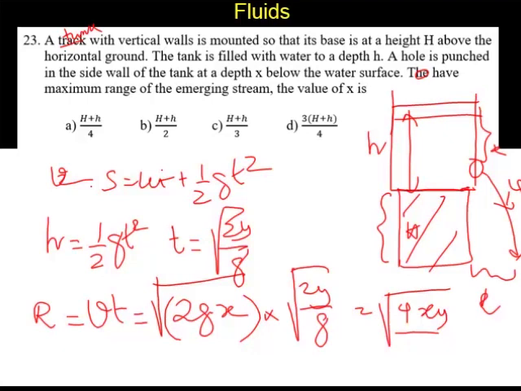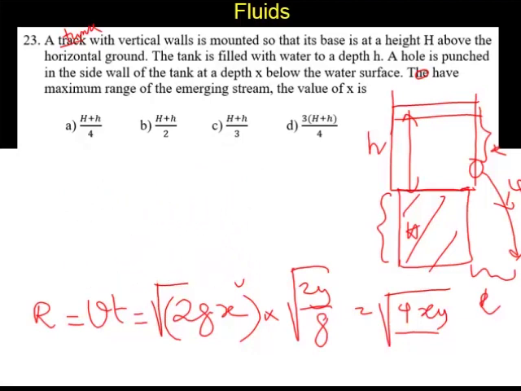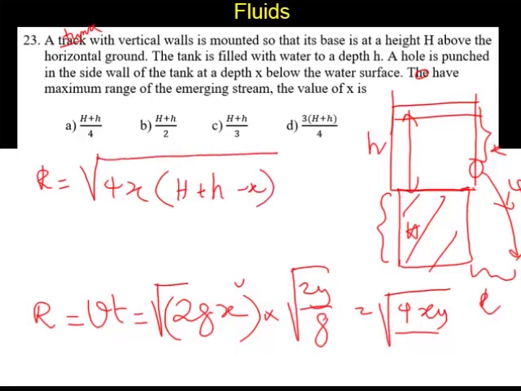Now we will go and calculate the remaining things. So range R is equal to root of 4 into x into y. What is y? Y is the depth, converted as h plus H minus x, because y is the distance from here to here.